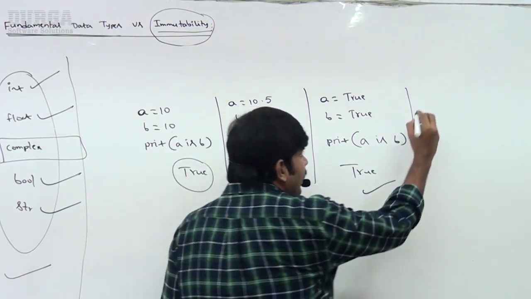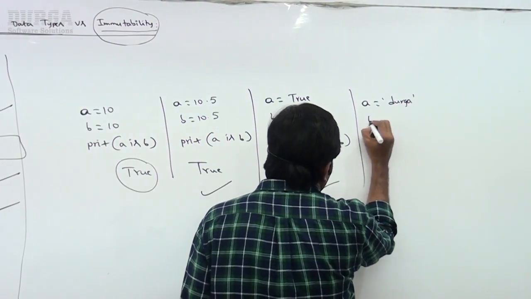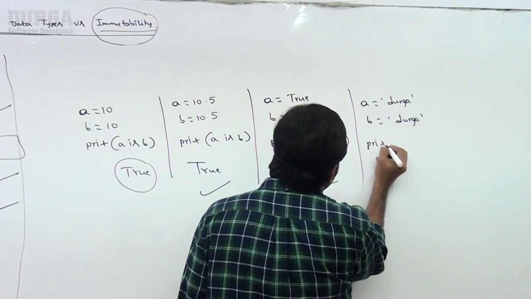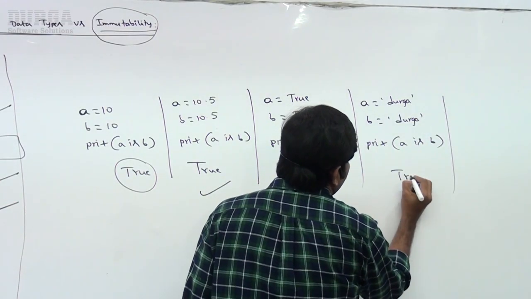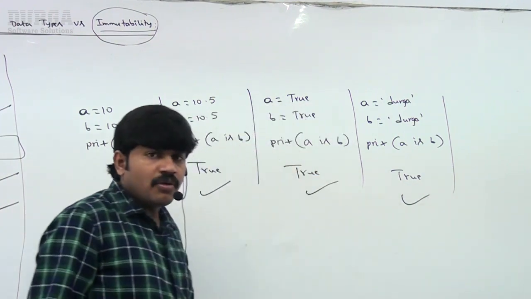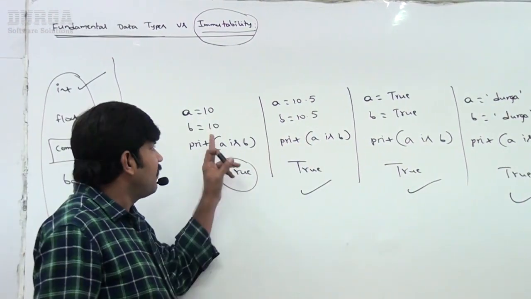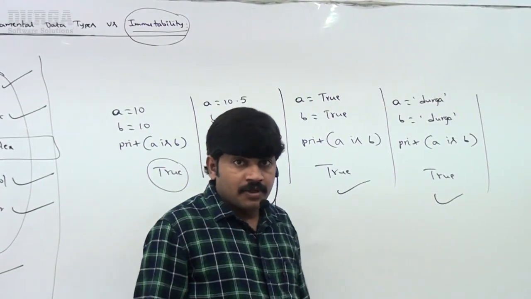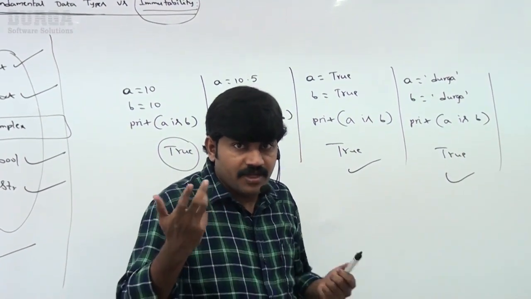Next, a is equal to 'Durga', b is equal to 'Durga', print of a is b. True is the answer. So object reusing capability is available for int, float, bool, and string type, but not applicable for complex type. Where is the proof for that?